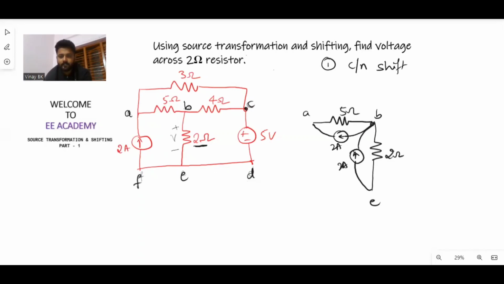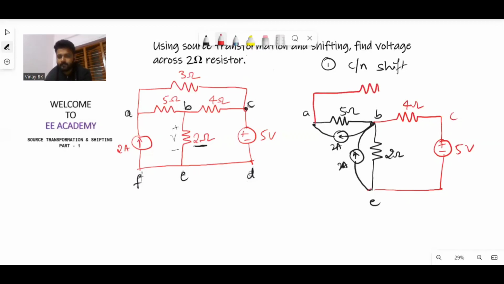The rest of the circuit stays the same: B to C there is a 4 ohm resistor, and a voltage source C to D of 5 volts, then a 3 ohm resistor.